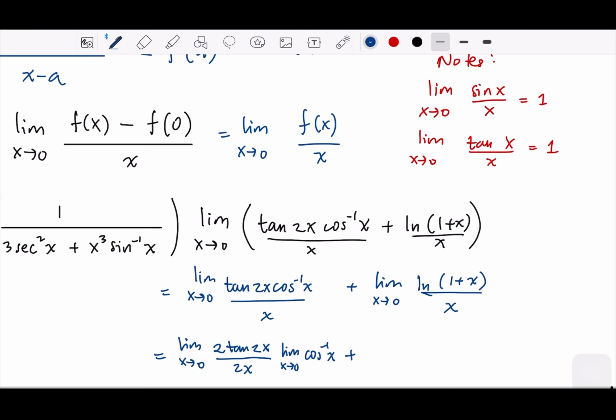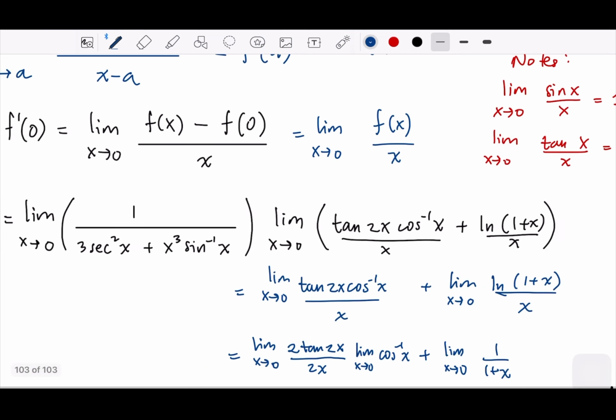And the last part here, we could just do L'Hopital's rule. It's 0 over 0, so we could have 1 over 1 plus x, or just 1. Okay. Oh, wait, this part becomes 1 over 3, right?